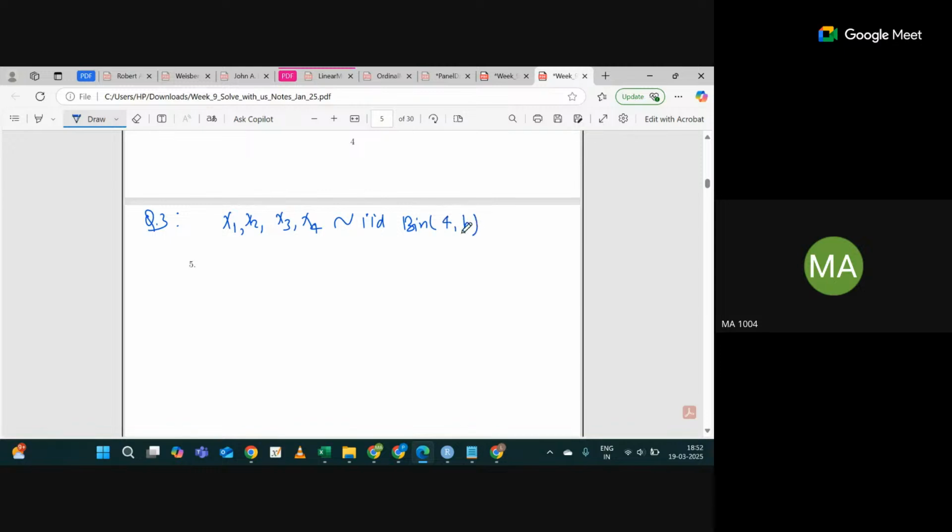So what will be your PMF here? In general it's nCx, so it will be 4Cx, p raised power x and (1 minus p) raised power 4 minus x. Correct? That's the PMF part.